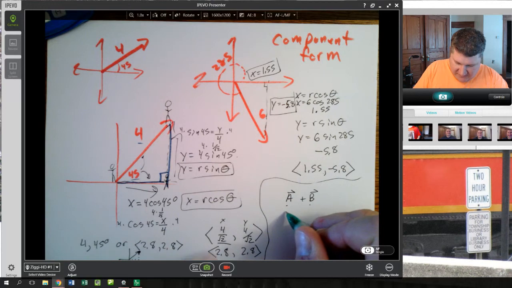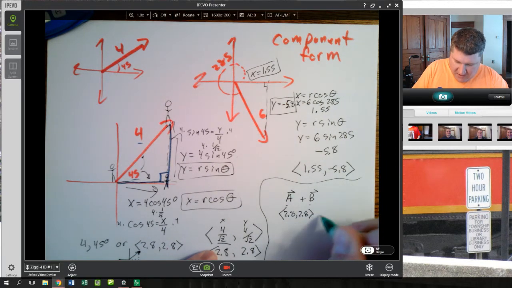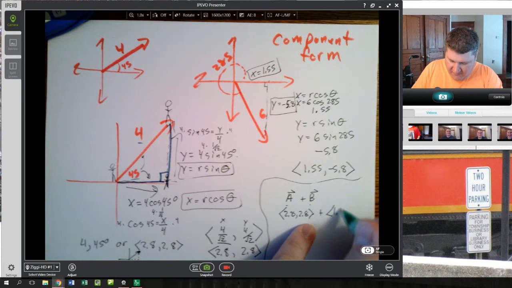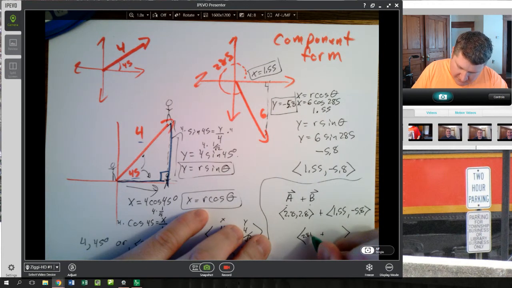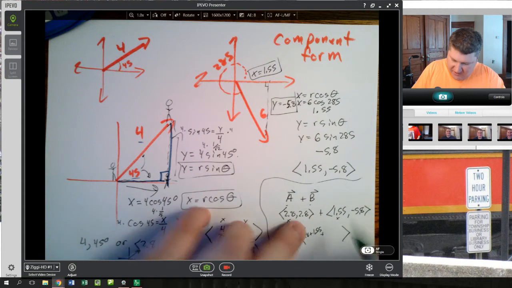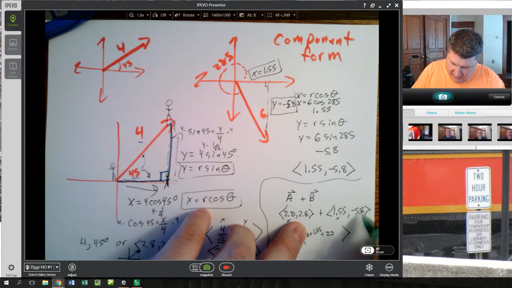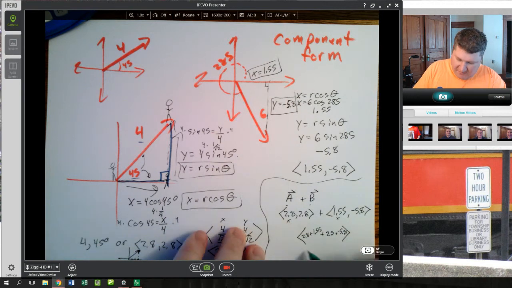All I have to do is take this, a, 2.8 comma 2.8, plus b, 1.55 comma negative 5.8, and my answer is going to be 2.8 plus, take the x part here and the x part here and add them up. Take the y part here and the y part here, plus negative 5.8, very important, and add them up.